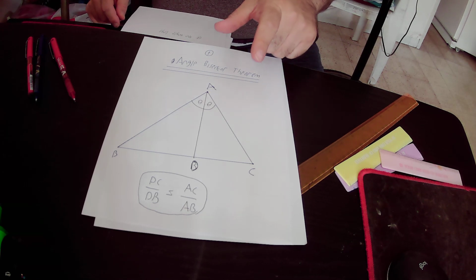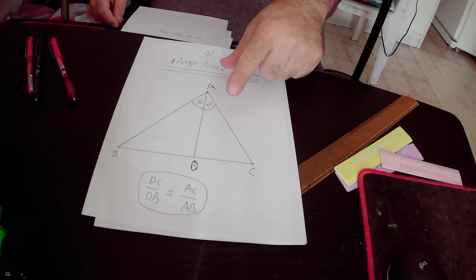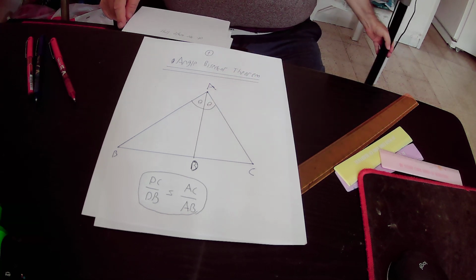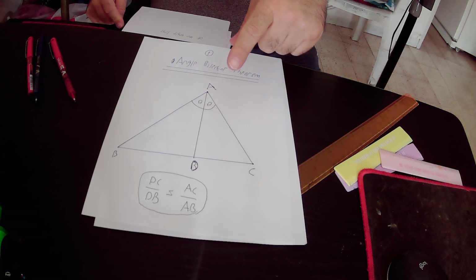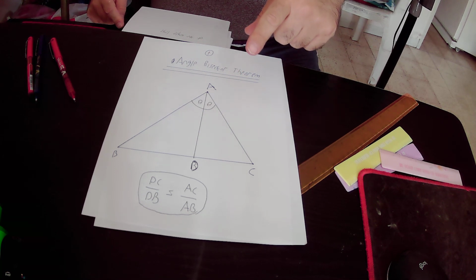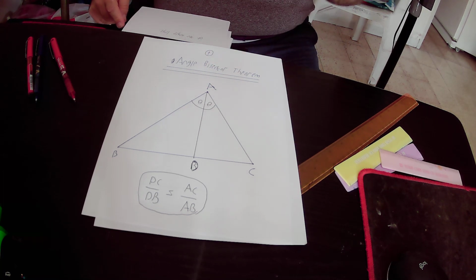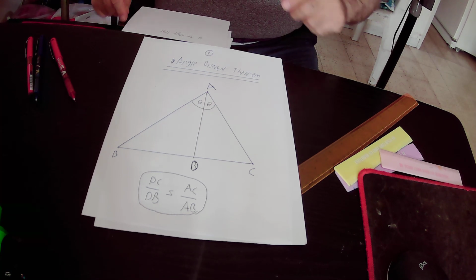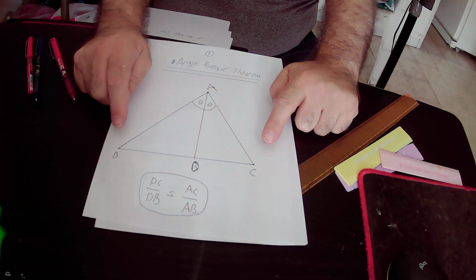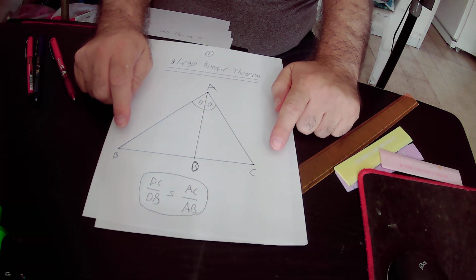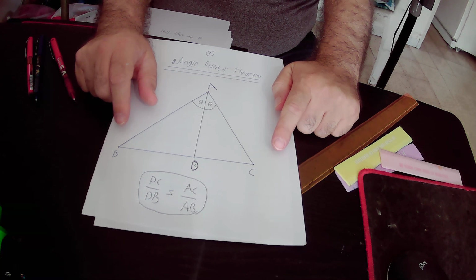So, in triangle ABC, AD is an angle bisector, because it bisects angle BAC, or it divides angle BAC into two equal parts, that is to say theta and theta. Therefore, AD is the angle bisector of triangle ABC. And according to the angle bisector theorem, the angle bisector AD divides the side that it hits. Angle bisector AD hits side BC of triangle ABC, and it divides it in a ratio of BD over DC. Okay?